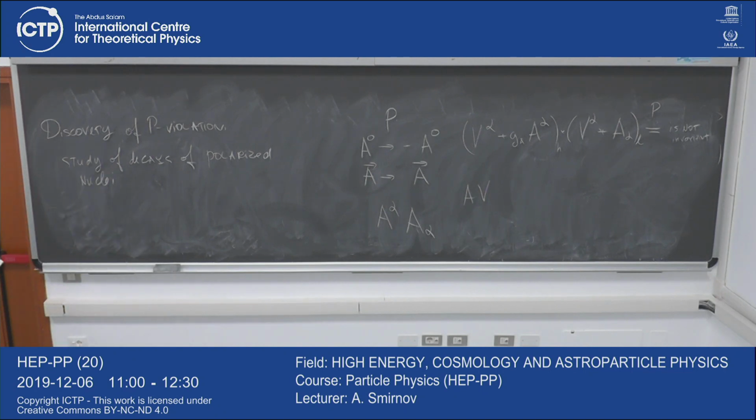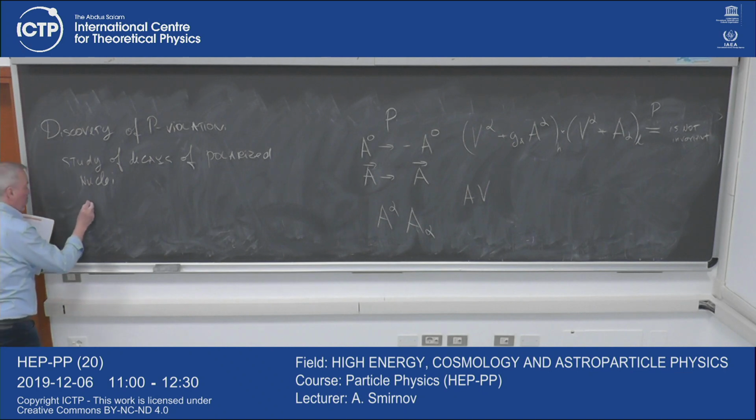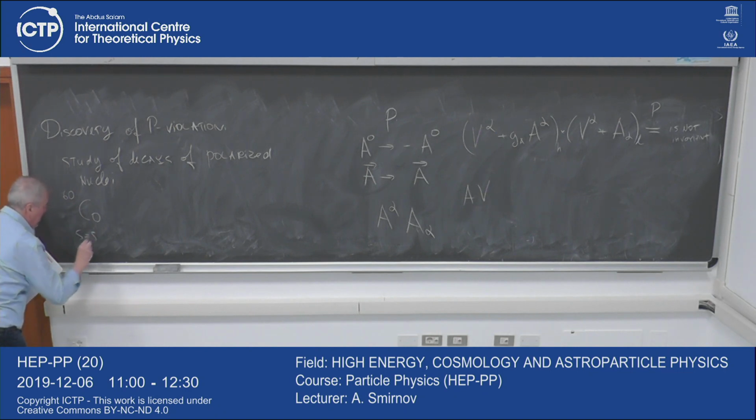What was suggested was to study the decay of polarized cobalt 60, which has spin 5. This large spin nucleus was selected because it's easy to polarize.